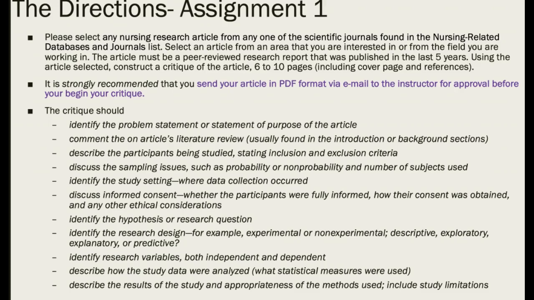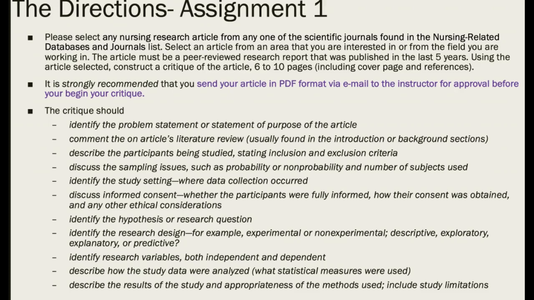The study setting, where the data was collected. Informed consent. We love to see information about informed consent and how consent was obtained and whether there's any other ethical issues. A hypothesis or research question. The research design: experimental, non-experimental, descriptive, exploratory, predictive. Those are just examples. Identify the research variables.